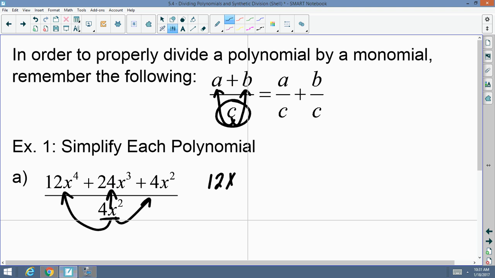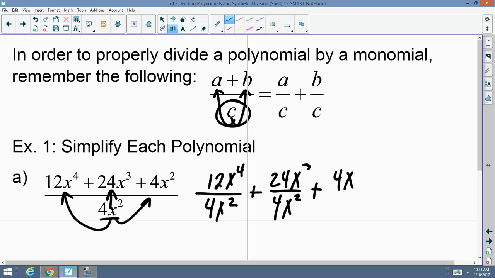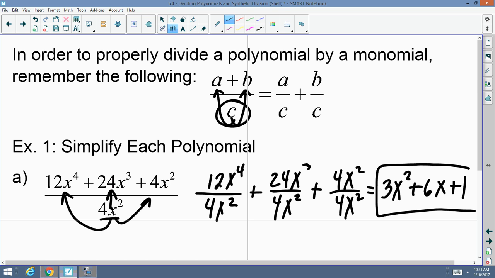This is 12x to the fourth divided by 4x squared plus 24x to the third divided by 4x squared plus 4x squared divided by 4x squared. And this is going to leave me with 3x squared plus 6x plus 1. Bada bing, bada boom, I'm done.